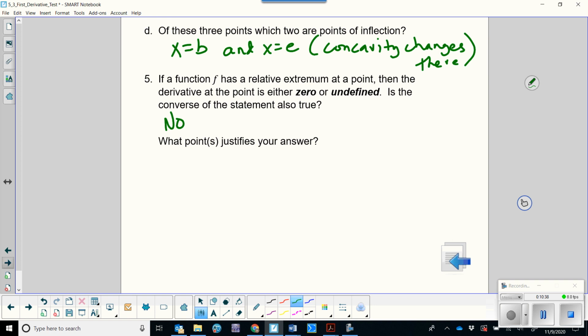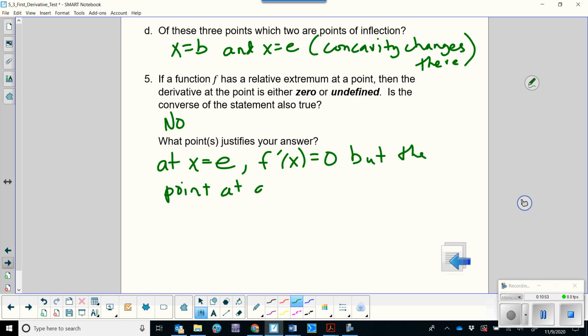And that justifies my answer, which is x equals E. That's because f prime of x equals 0, but the point at x equals E is not an extrema of f.